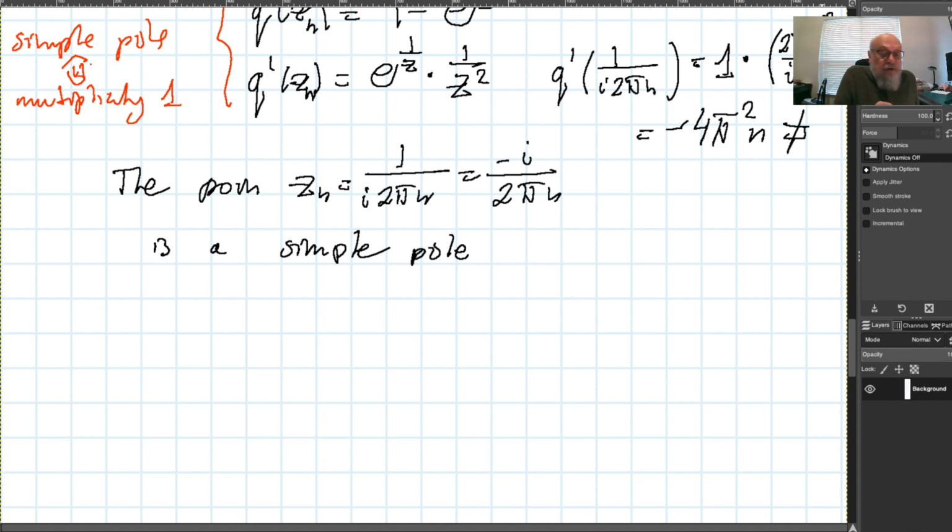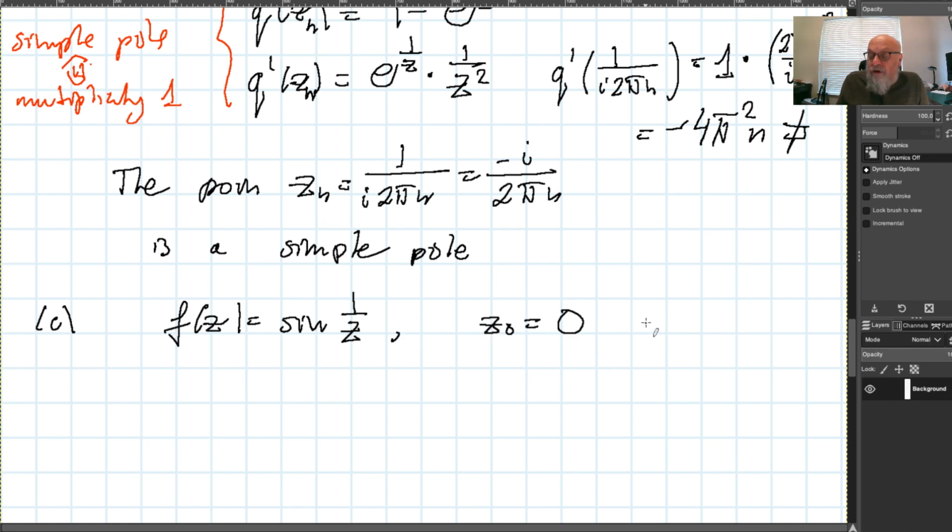So let's do another problem, C. What about the function f of z equal to sine of 1 over z? Here again we have only z0 equal to 0 as the only singular point.